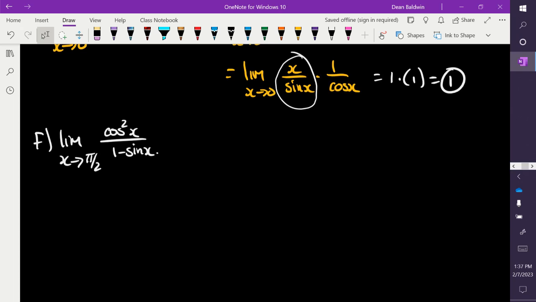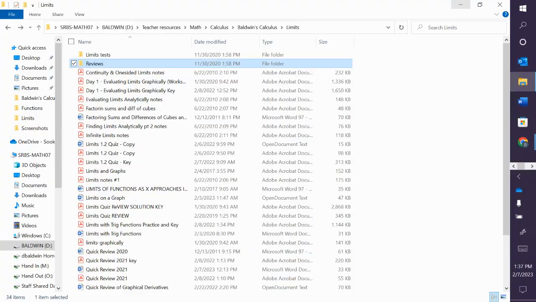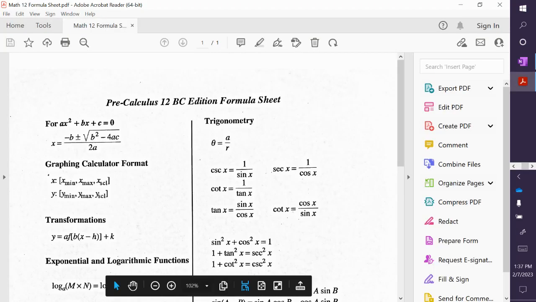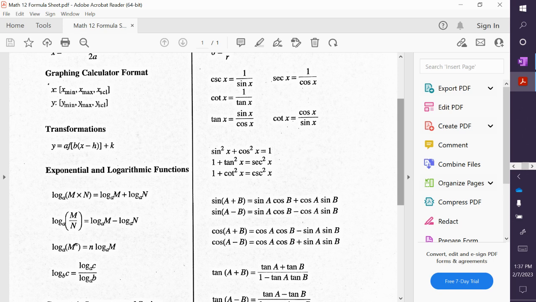What's cos squared? 1 minus sine squared. If you look on your Pythagorean identities part of the sheet, this one: cos squared, I move the sine squared over as 1 minus sine squared. That's on your sheet.